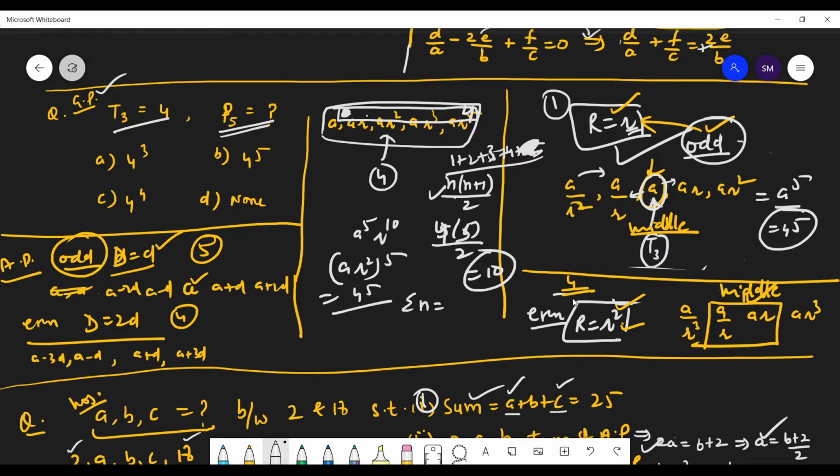Sorry, this is your equation 1, this is equation 2, and this is equation 3. So let us divide. See, we cannot draw any conclusion at this point.